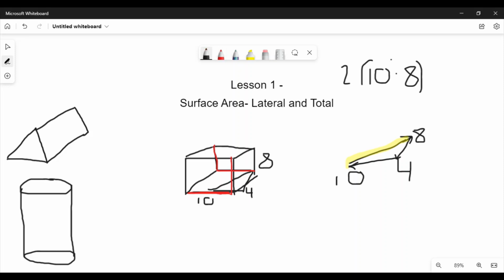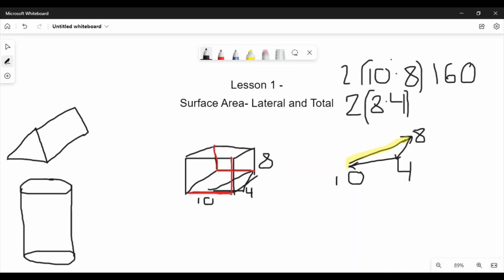And that goes for all the numbers that you're going to multiply in the triangle. So 10 times 8 times 2, which is 160. And the 8 times 4 times 2. Same thing, because the sides have another side, which is the same thing.